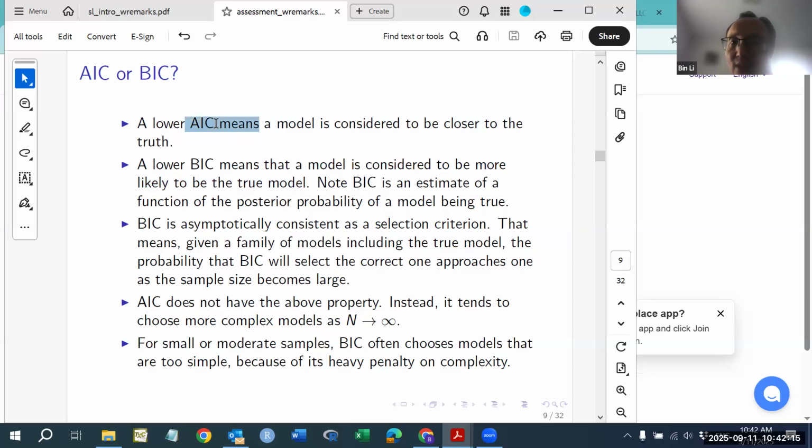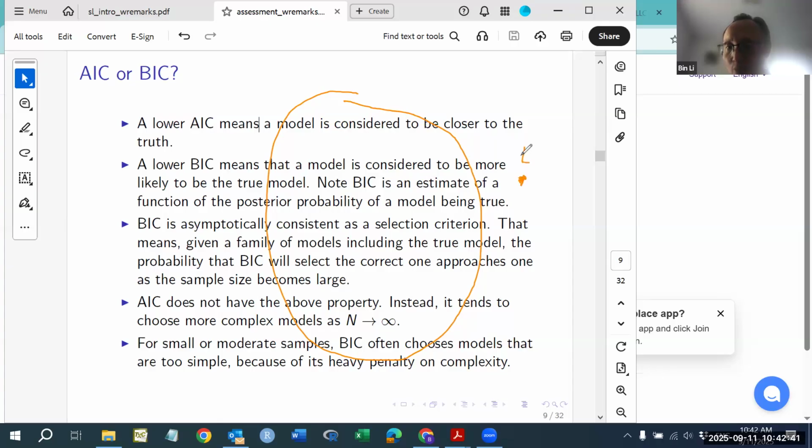The AIC doesn't assume that the model space we explored includes the truth. Think about it like this: the model space that we explored is here. Let's say we are considering all the linear models. Suppose the true model is nonlinear, outside the linear model space.